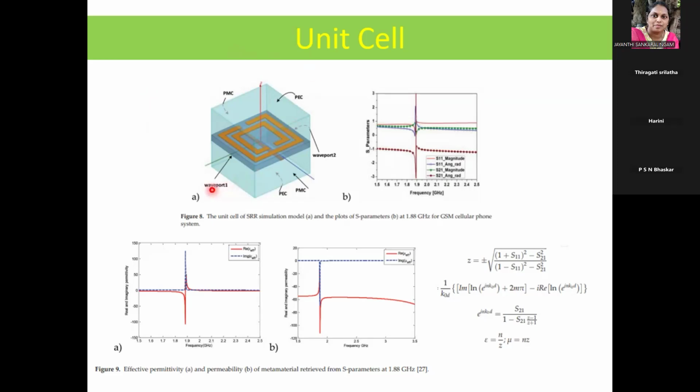So here you have a metamaterial. This is a planar version of the metamaterial where you have the split rings. The ring is split. If there is no split, there is no capacitance effect, you will not have the resonance. Only with the split, you have the effect of the resonance. Here there are two split rings, one in this direction and one in this direction.